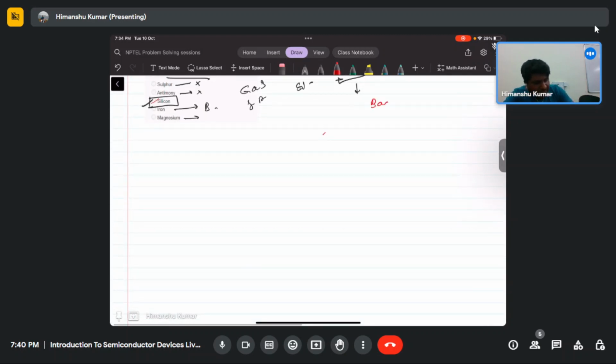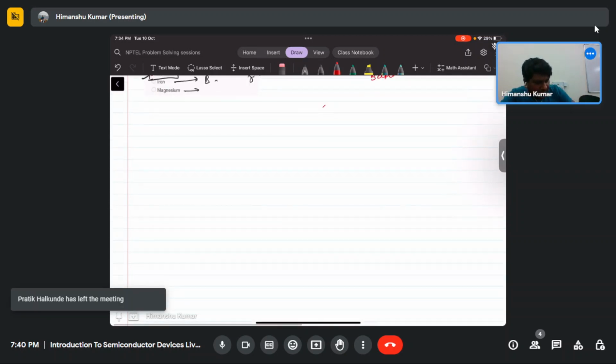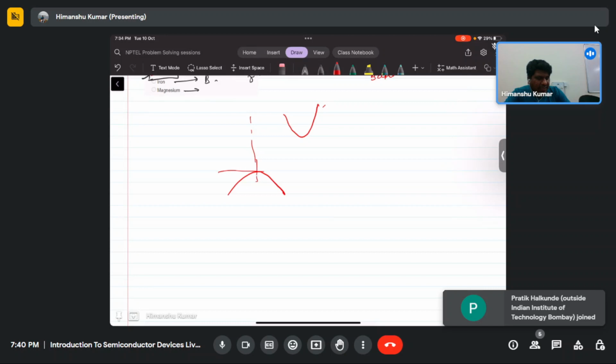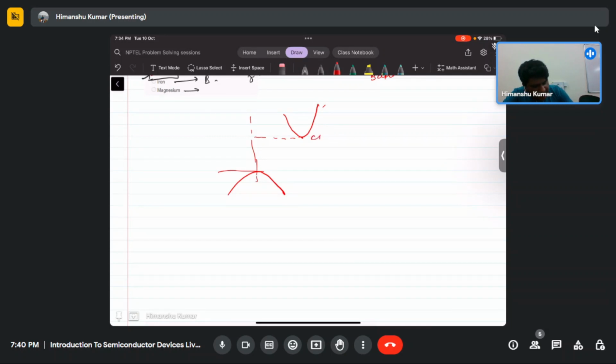So if you draw the band structure, in silicon the conduction band minima and valence band maxima do not lie on the same vertical line. This is far away. This is your conduction band minima, and this is valence band maxima.